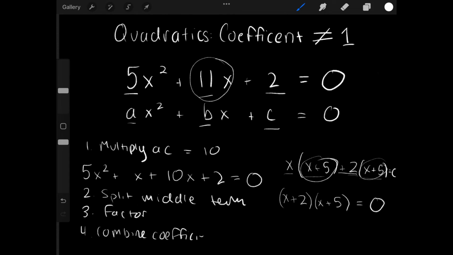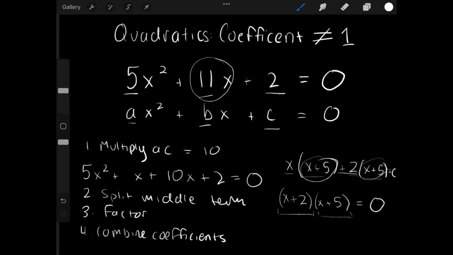Okay, so now that we have that, we know that due to the multiplicative property of 0, one of these terms has to be 0. Because for any two numbers, for this product to be 0, one of them does have to be 0.